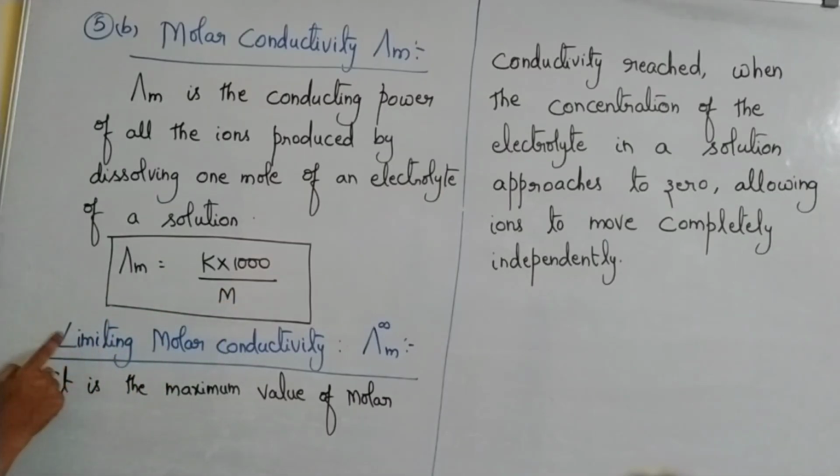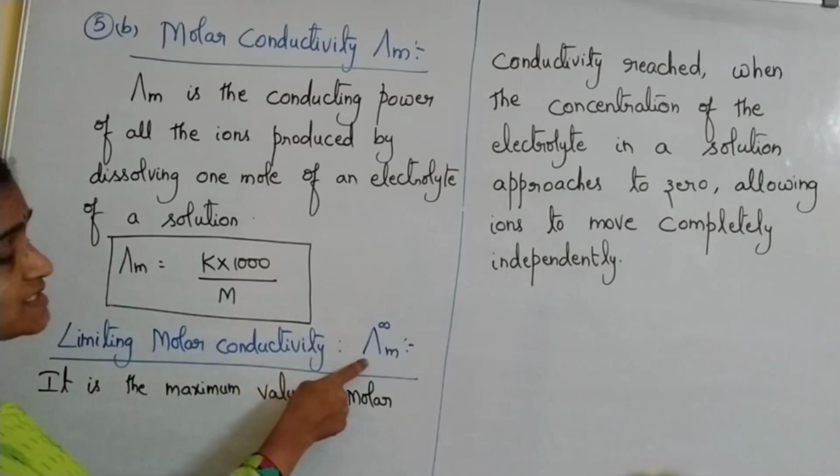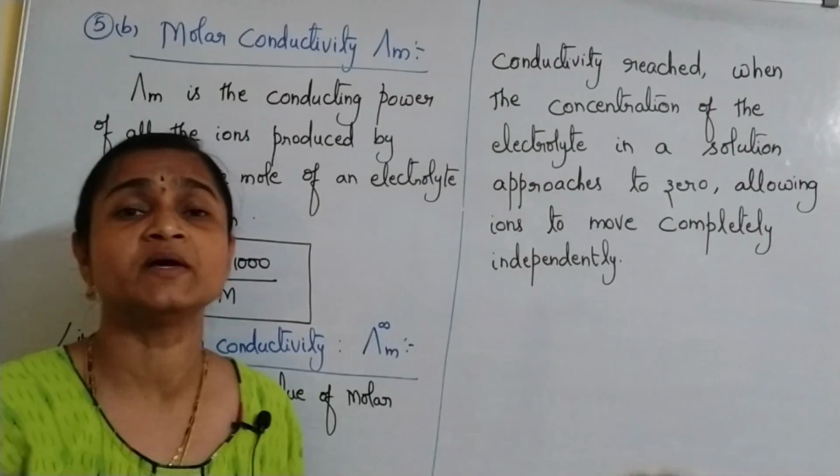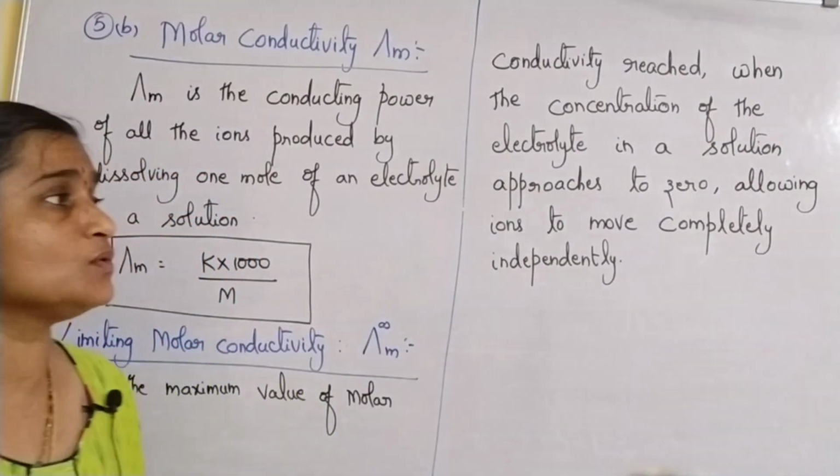Now coming to limiting molar conductivity, means molar conductivity at infinite dilution. You call it limiting molar conductivity, and you represent that with lambda infinity m. It is the maximum value of molar conductivity reached when the concentration of the electrolyte in the solution approaches 0. Almost the concentration totally becomes 0.